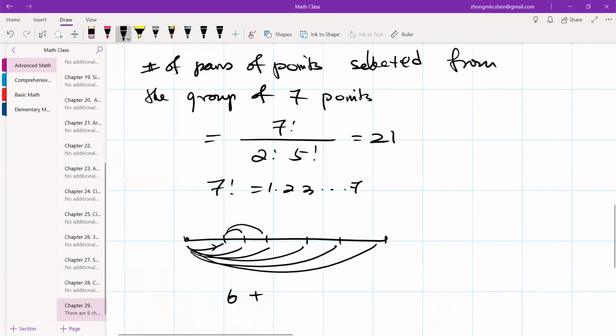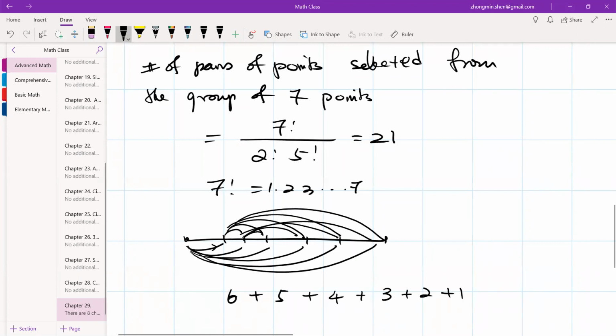Then from the next point, you get 5 pairs. And then 4 pairs, then 3 pairs, then 2 pairs, then plus 1. So add them together, you will get 6 times 7 divided by 2. It still gets 21.